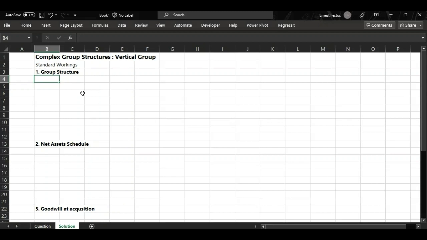With the vertical group structure, we are talking about a parent buying shares in a subsidiary, and that subsidiary also owns shares in another subsidiary. So there are two subsidiaries with one parent.